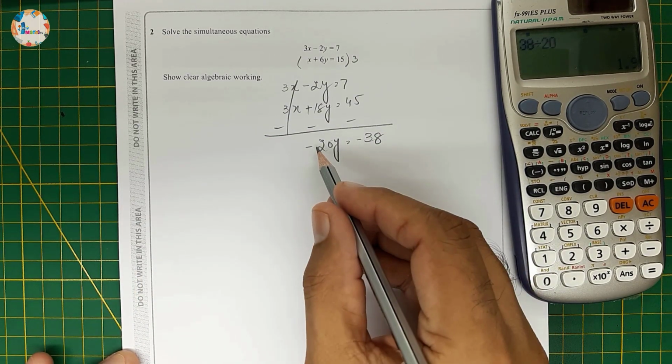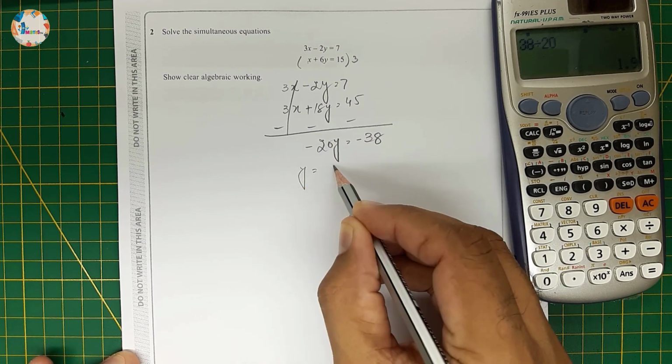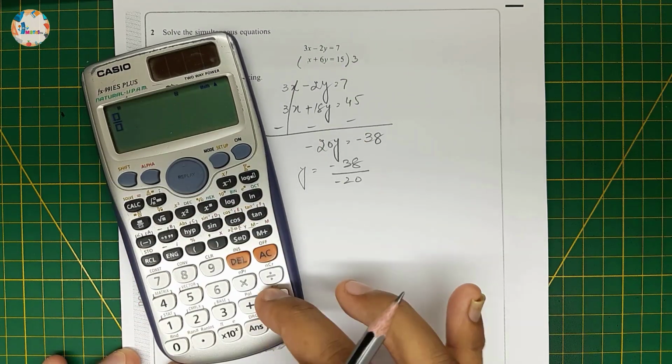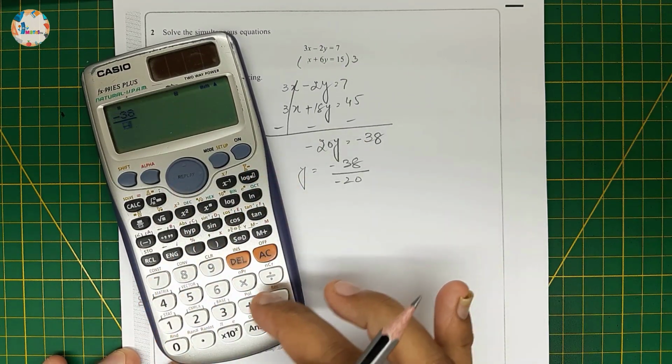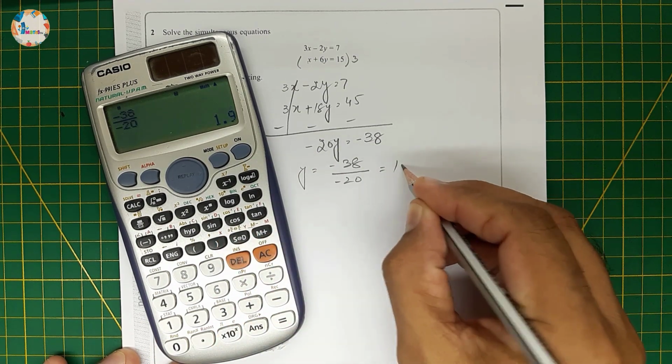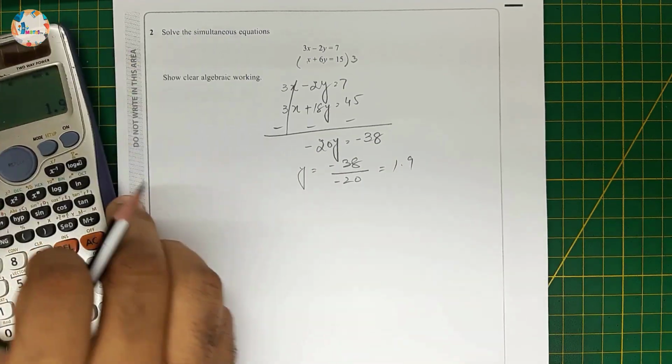Further, we can find the value of y, which is minus 38 divided by minus 20, and if we calculate this, it results in 1.9. So the y value is 1.9.